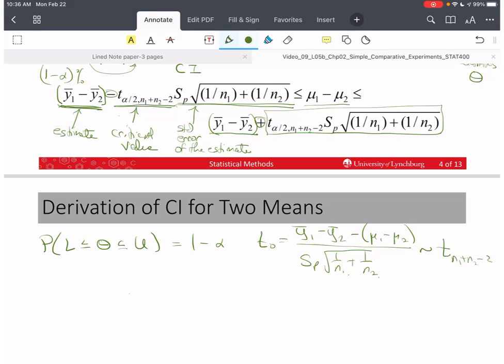All right. So since we know how this is distributed, we can now substitute into this equation.